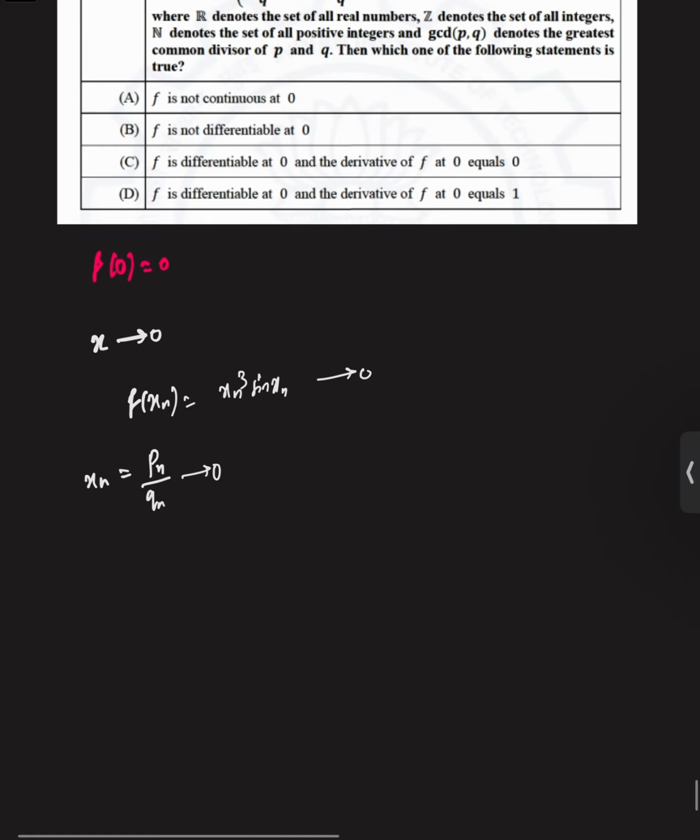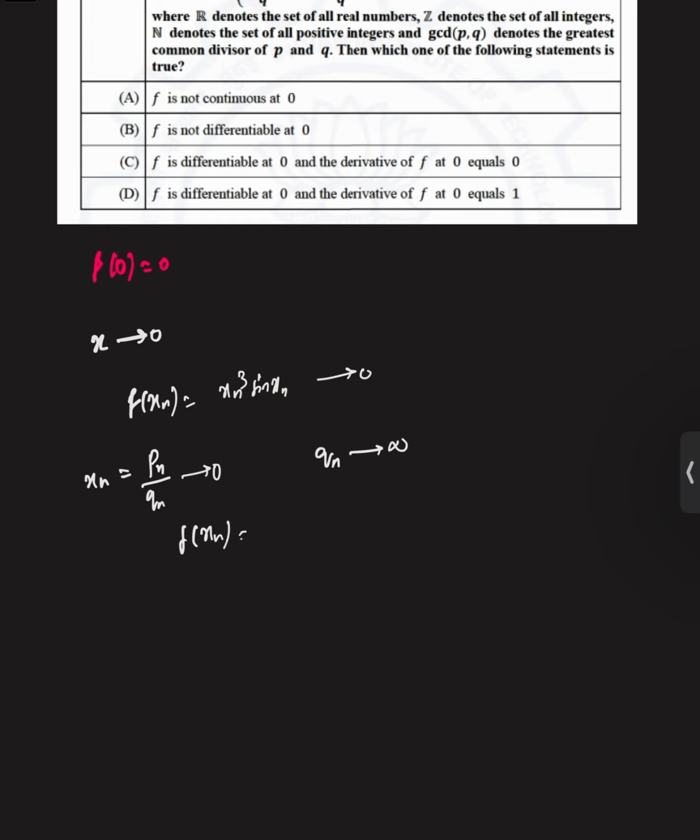Now consider x tends to 0. For an irrational sequence xn tending to 0, f of xn is nothing but xn cube sine xn, and this tends to 0 as xn tends to 0. And if we consider a rational sequence xn, which is some pn by qn, as it tends to 0, for a rational in lowest terms approaching 0, we can consider that qn tends to infinity.